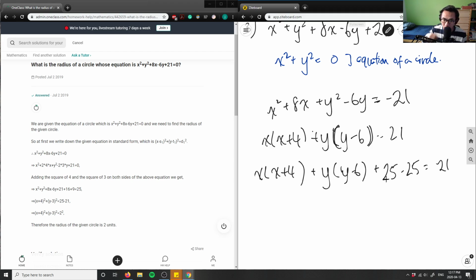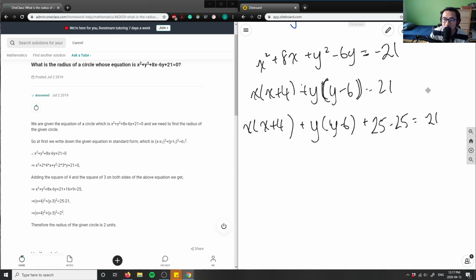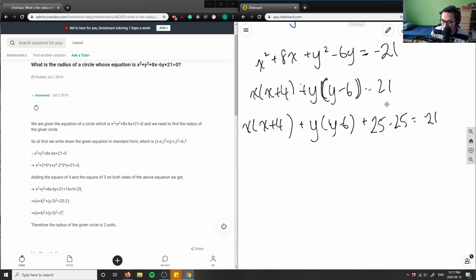So that's what I'm doing in this case. So I'm adding 25 to both sides here. And then, oh, sorry, this here is equal to negative 21, right? Yeah, this is negative 21. Sorry, I messed up here. This is negative 21 because I moved the 21 to the other side.